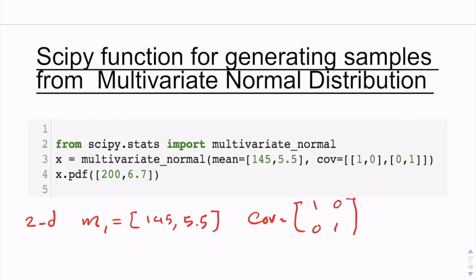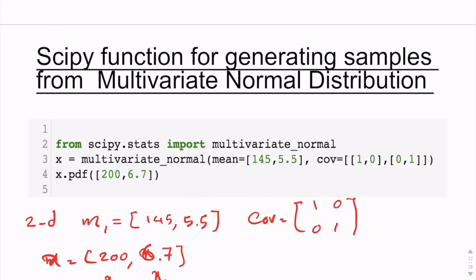We'll talk about this. If you have this distribution with these sufficient statistics, now compute the probability of x equal to 200 and 0.7. This is basically x1, x2. Compute this probability for this two-dimensional normal distribution.